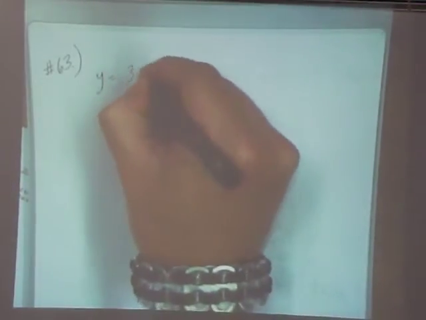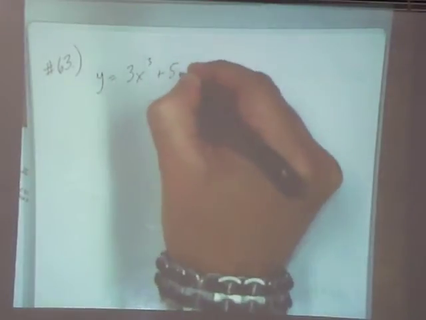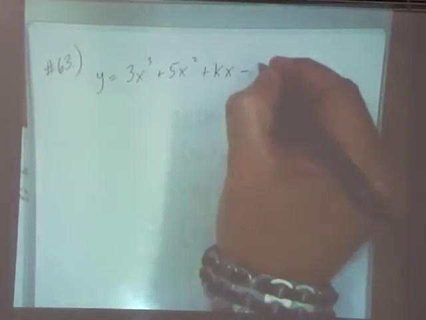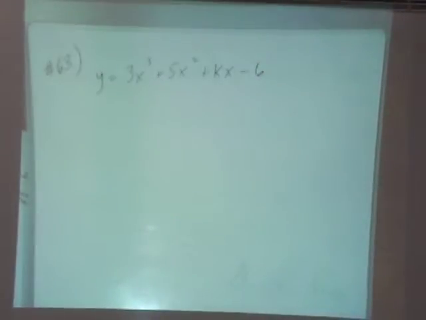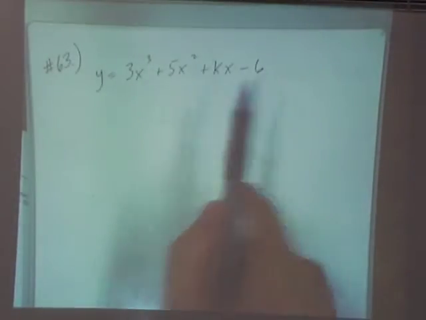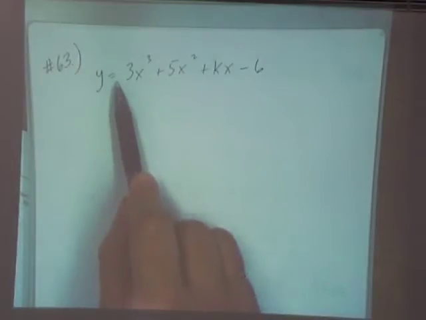Y equals 3x cubed plus 5x squared plus kx. List of possible rational roots. They don't tell us what k is. What are we going to do? It doesn't matter, because we need the factors of the constant divided by the factors of the leading coefficient.